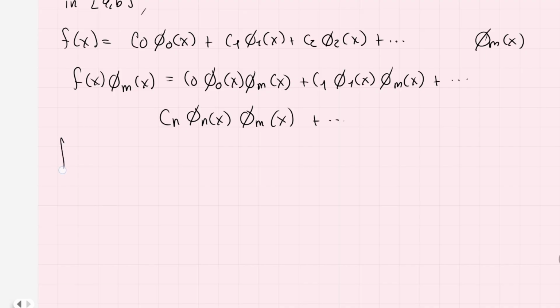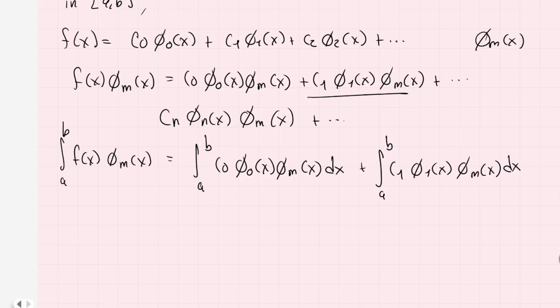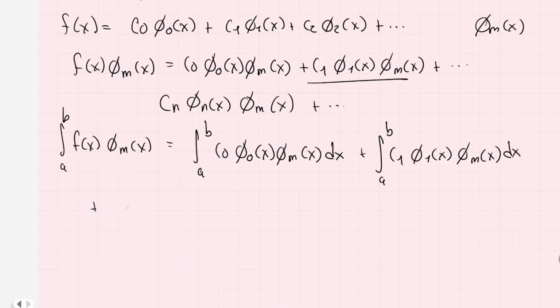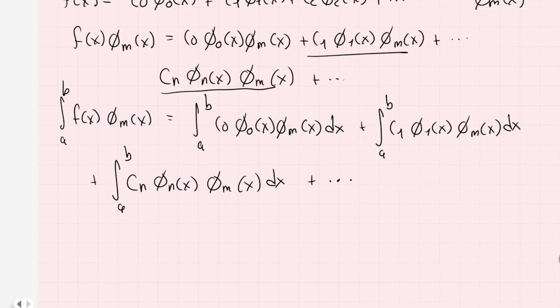So we are going to get that the integral from a to b of f of x phi m of x is equal to, well, the integral from a to b of this quantity times dx plus the integral from a to b of this one over here dx and plus, well, the integral from a to b of this term over here dx, and remember that we keep going.